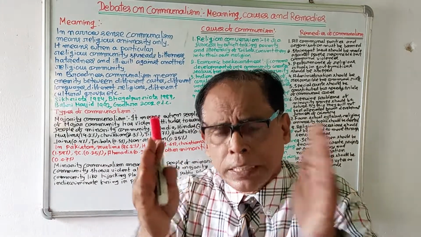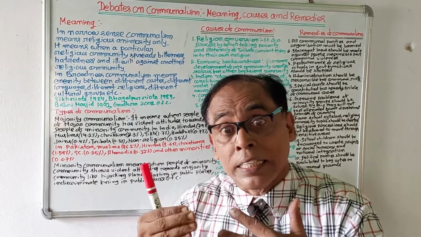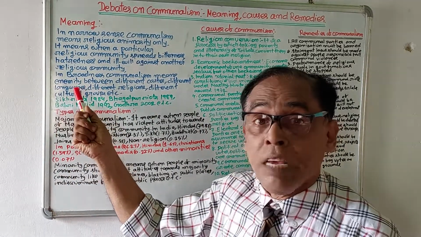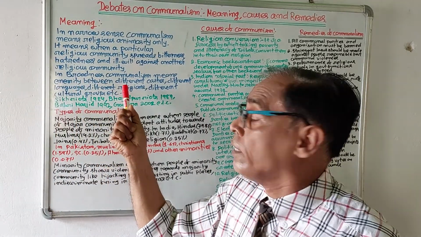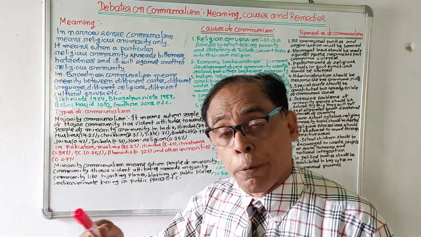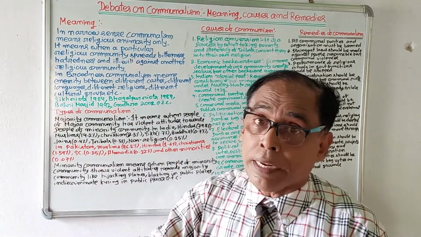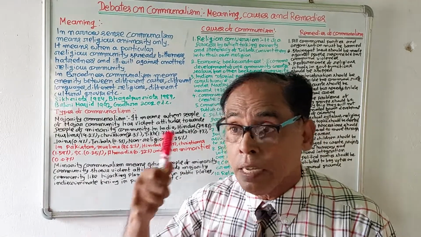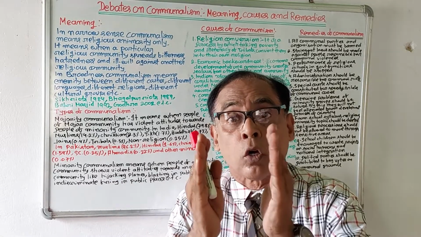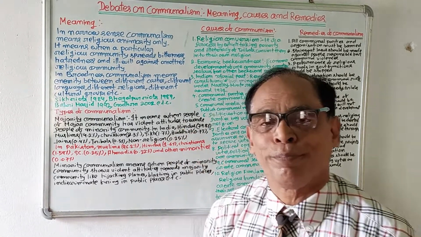In broad sense, communalism means the enmity between different castes, enmity between different languages, enmity between different religions, enmity between different cultural groups is known as communalism in broad sense.